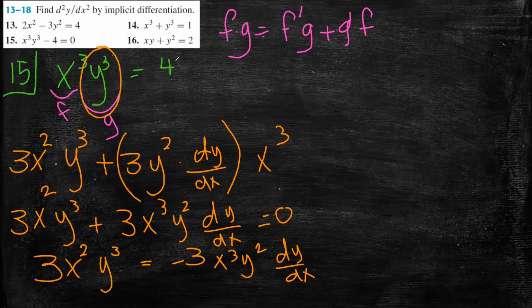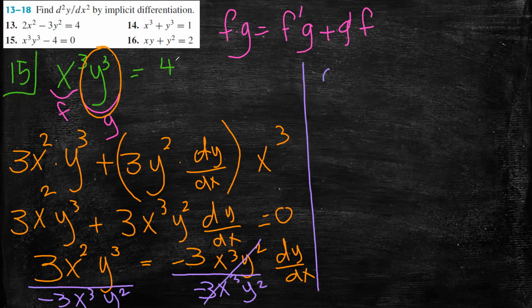Let's now divide by negative 3x cubic y squared. So dy over dx is, 3 cancel 3, negative sign. X squared with x cubic, we have x down and y up.